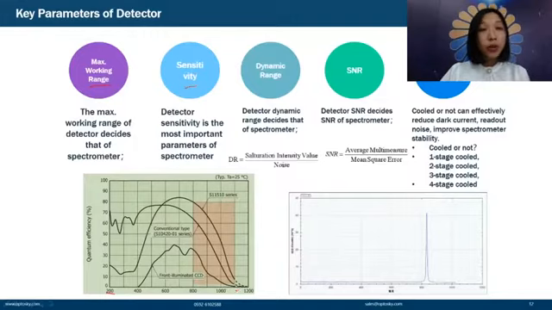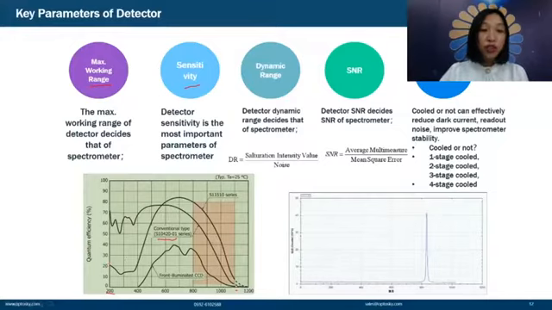Secondly is the sensitivity, because detector sensitivity is the most important parameter of the spectrometer. Take an example also of the Hamamatsu models. We have the S10420, and this one in the UV range starts from 220.